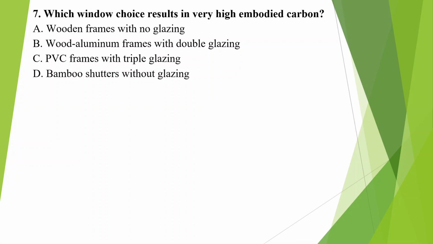Since PVC is synthetic and highly energy intensive in extraction, manufacturing and transportation, the triple glazing adds significant embodied energy, which makes this window choice a very high embodied carbon one. Is it clear to all of you? Can we move to the next question?